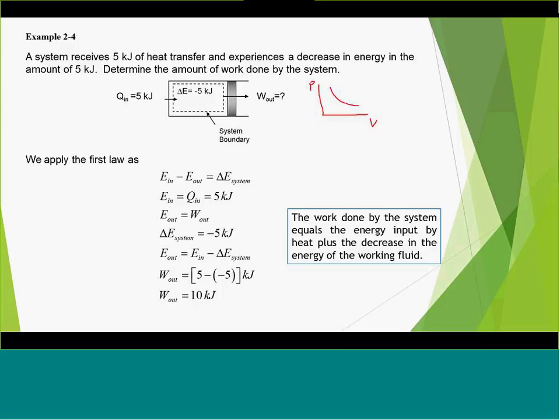So the delta E will be negative 5. So W out equals E in minus delta E system, 5 minus (negative 5). So you're going to have 10 kilojoules of work done by the system. That's why you have a positive value.